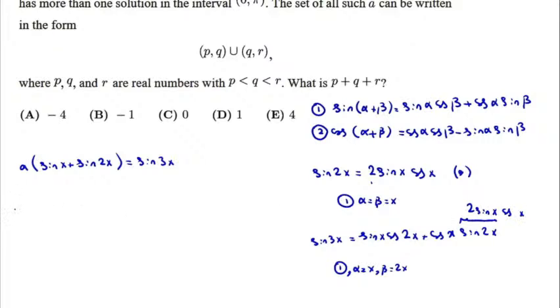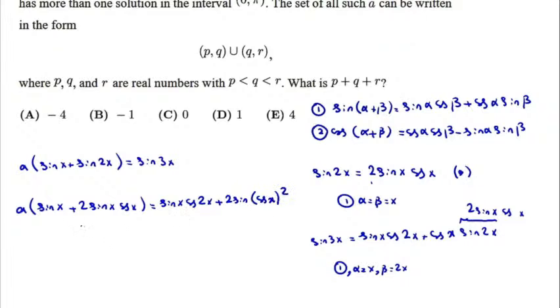So let's replace it. Sine 2x is 2 sine x cos x, so sine 3x equals sine x cos 2x plus 2 sine x cos x squared.